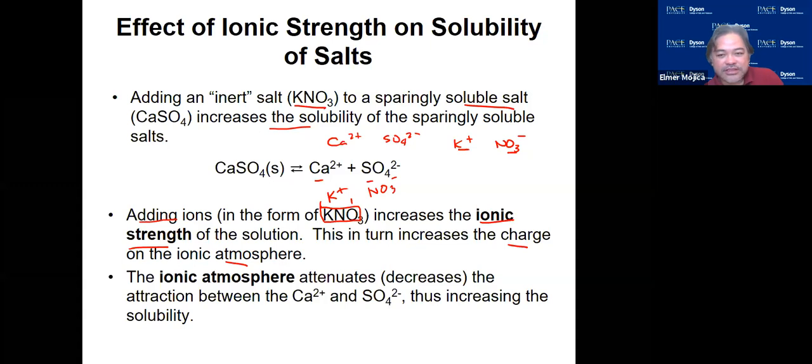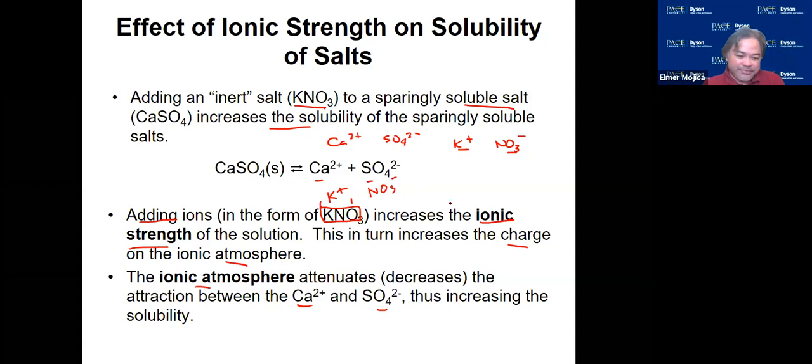So atmosphere can just be what? The surroundings, right? It's similar to the concept of hydration sphere. Okay? So what will happen here? How does the ionic sphere attenuate the attraction between calcium and sulfate? So what will happen when you add K plus and NO3 minus?